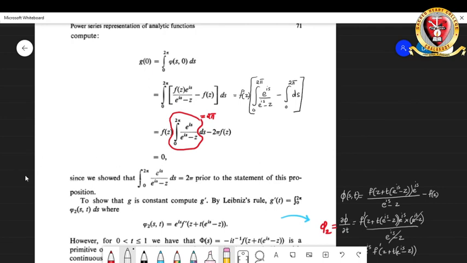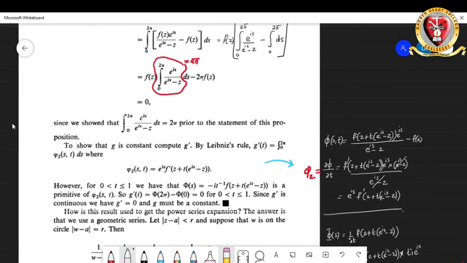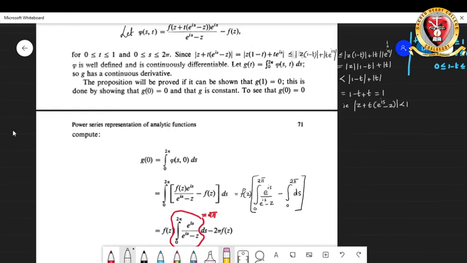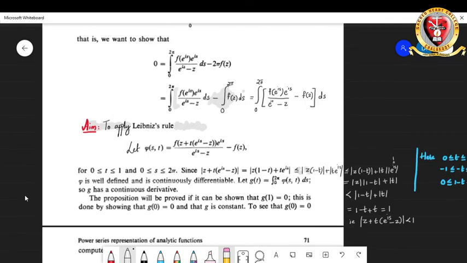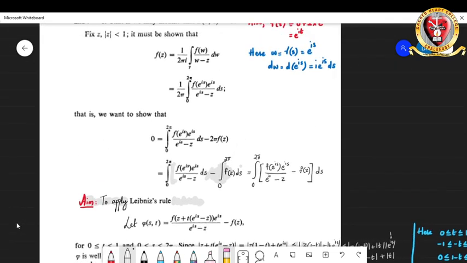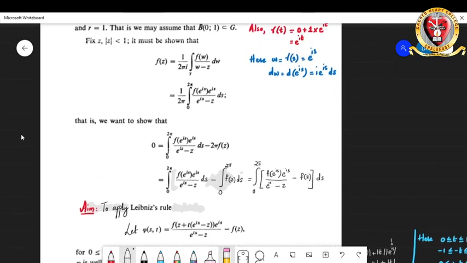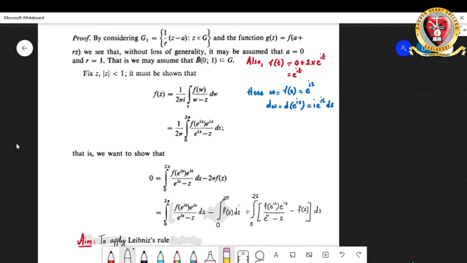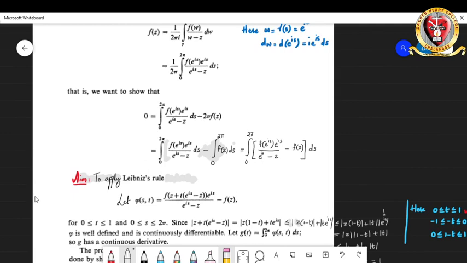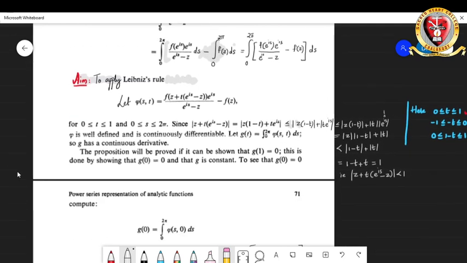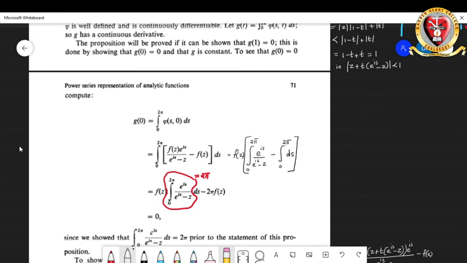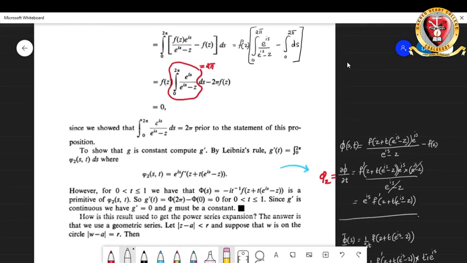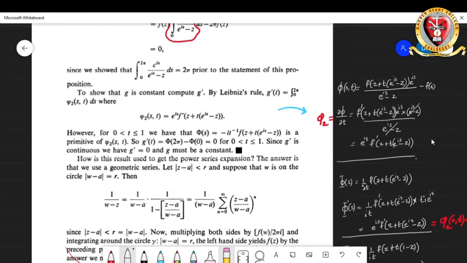That means g is in total equal to 0. So that is how we end up with the theorem. Use the logic to finish out the proof rigorously.